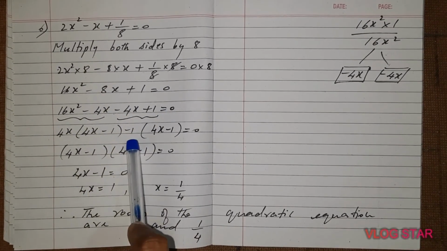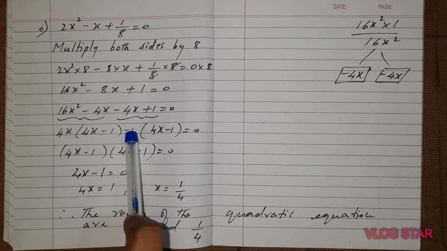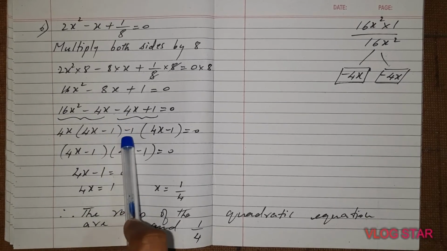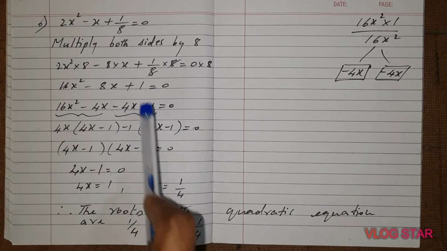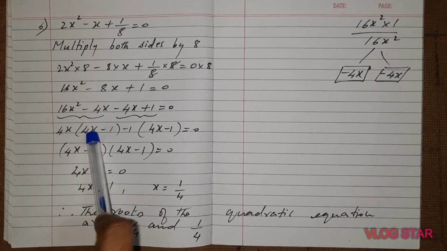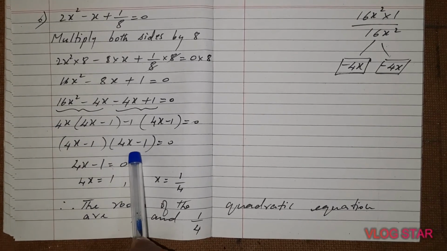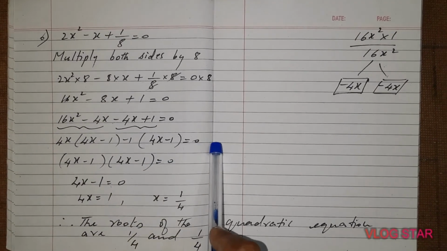What is common here? Minus 1. So when you take out minus 1, what is remaining? 4x, because minus 1 into 4x is minus 4x. Minus into minus is plus, 1 1s are 1. That is equal to 0. Again, what is common here? 4x minus 1, 4x minus 1. Take it out. So what is remaining? 4x minus 1 is equal to 0.